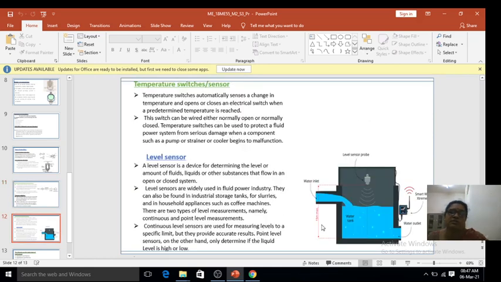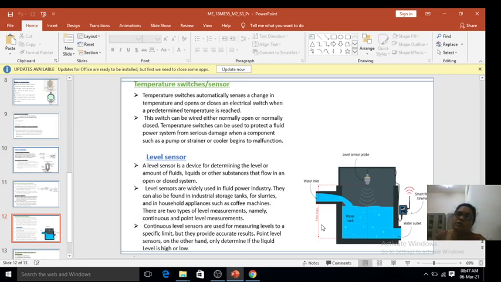Temperature switches are sensors. So after pressure switches, let's go for temperature switches. Temperature switches are devices which sense temperature and open or close an electrical switch when the predetermined temperature is reached. Like in the pressure switches, once the predetermined pressure is reached, the switch automatically turns on and off.